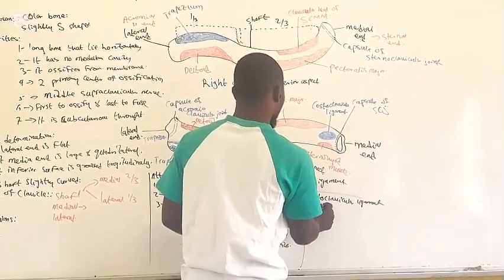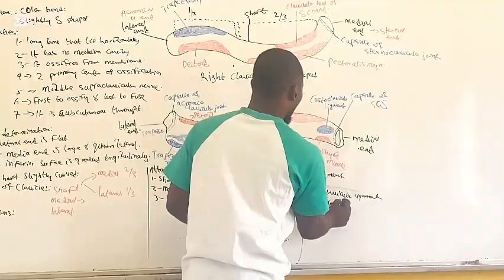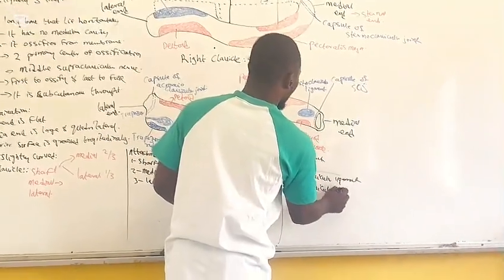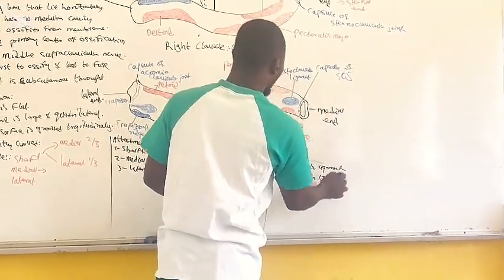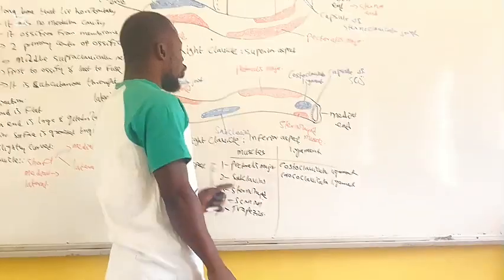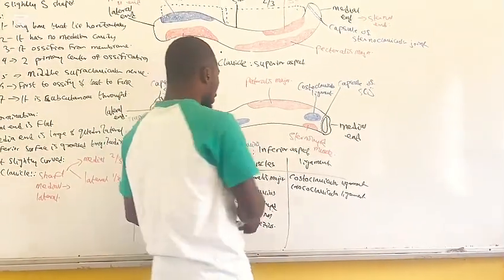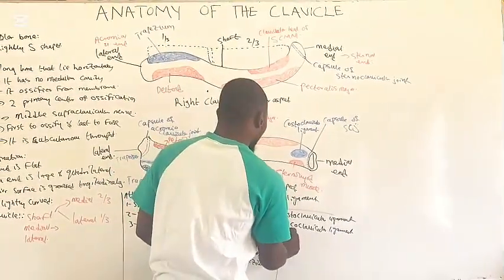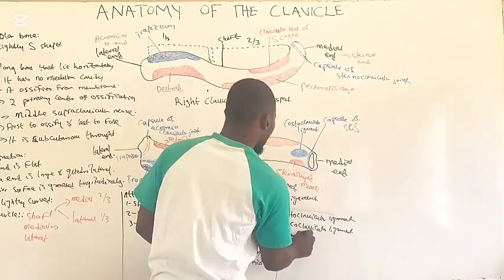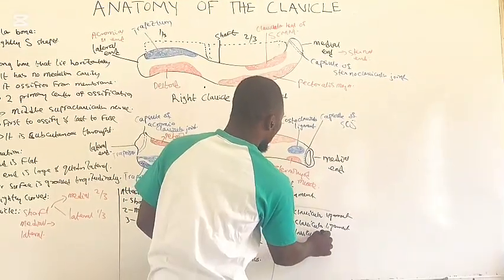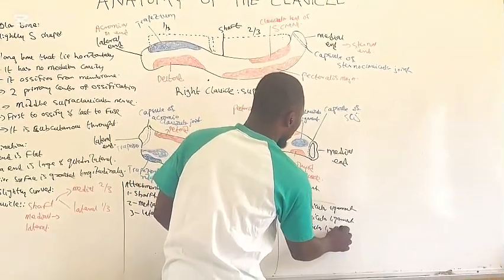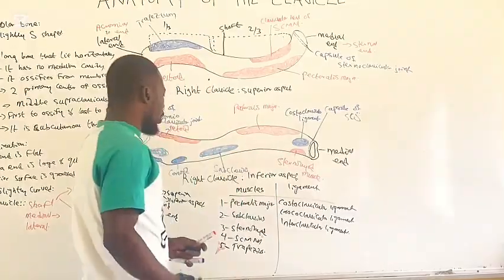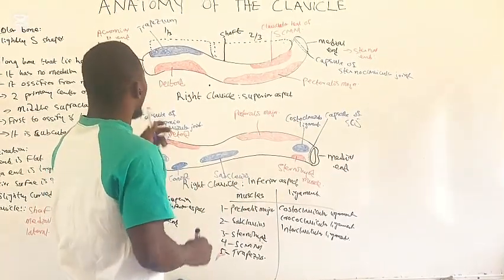Coracoclavicular ligament, and we should not forget the coracoclavicular ligament has 2 parts, the conoid and the trapezoid ridges. And lastly, the interclavicular ligament. These are the attachments on the clavicle.